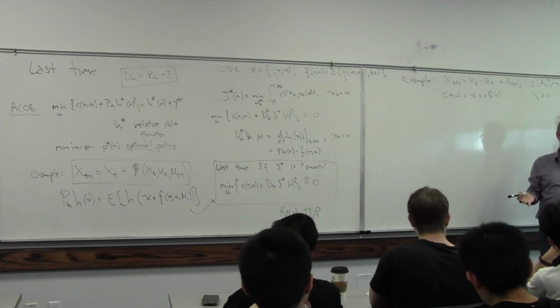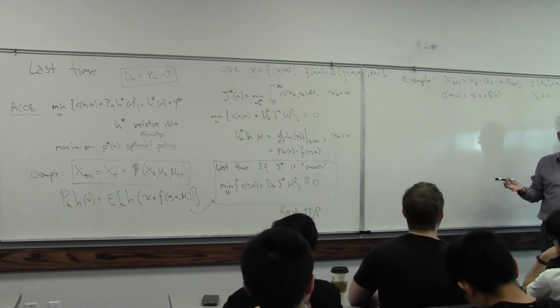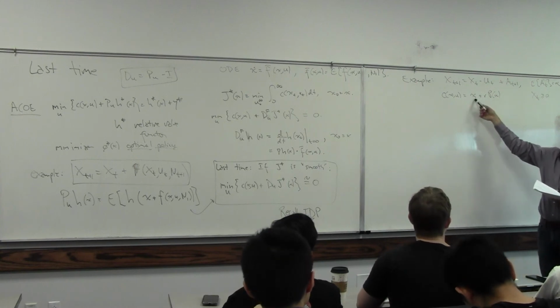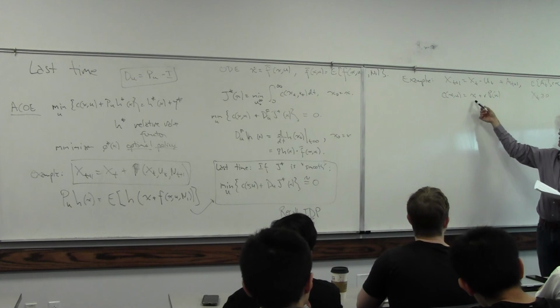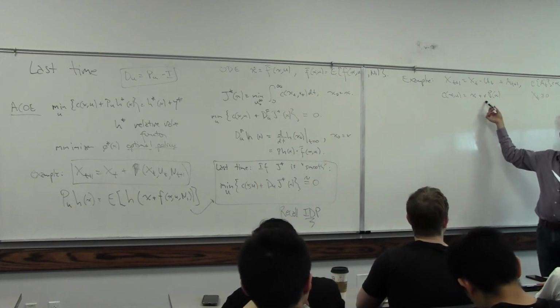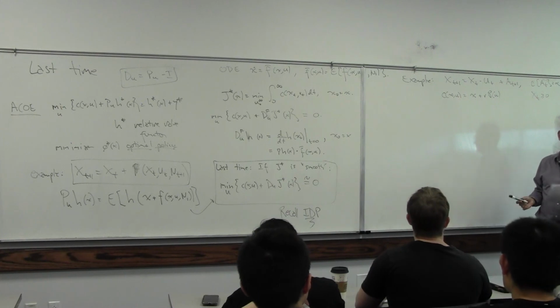It's really a multi-objective problem. You'd like to keep your cost of processing low, and you'd like to keep your waiting time low. And so basically, we'd like to solve this for every R.